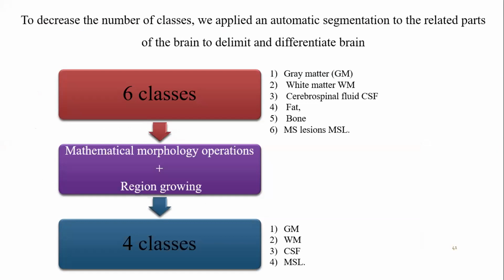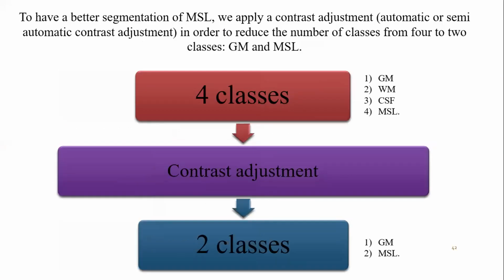So here, using mathematical morphology combined with region growing, we passed from 6 classes to 4 classes. To have a better segmentation of the MS lesion, we always apply a contrast adjustment, automatic or semi-automatic, in order to reduce the number of classes from 4 classes to 2 classes, just the gray matter and the contrast of multiple sclerosis.